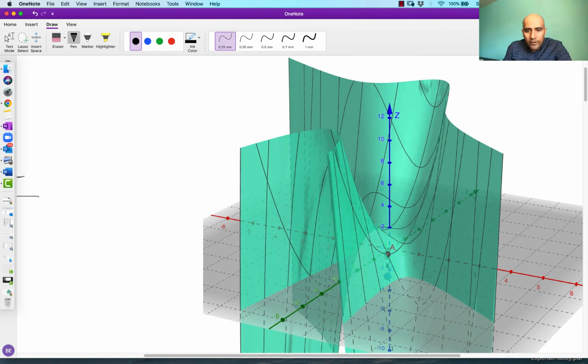Remember that this point right here is the point f(1, -2), which is equal to the point A. Well, we need an input value, right? So correction, it's a three-dimensional point, so point A is equal to 1 for x, -2 for y, and then the output value is f(1, -2).